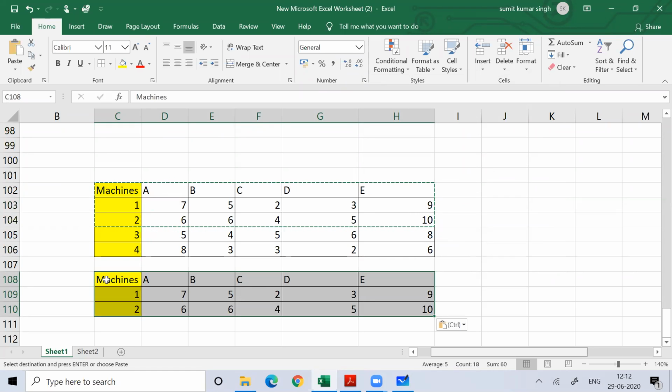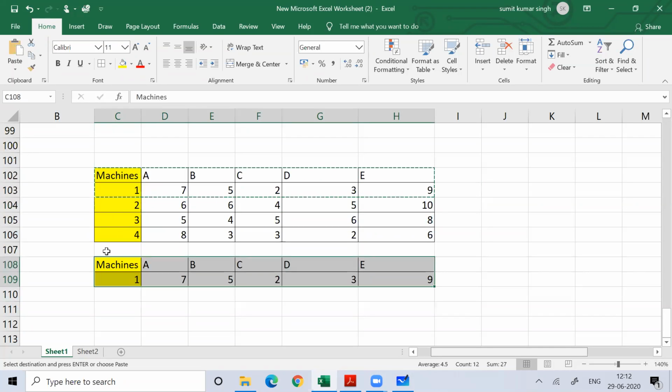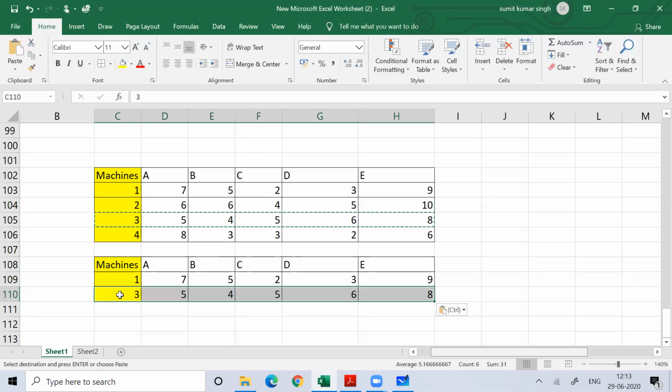First you'll do 1 and then 3. So first you'll do job 1, then job 3, and then job 2, then job 4.